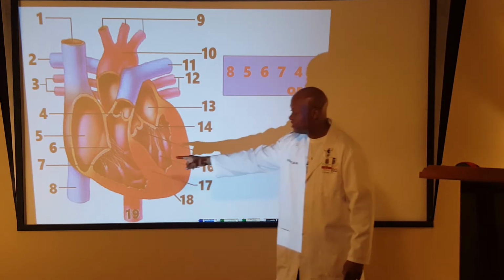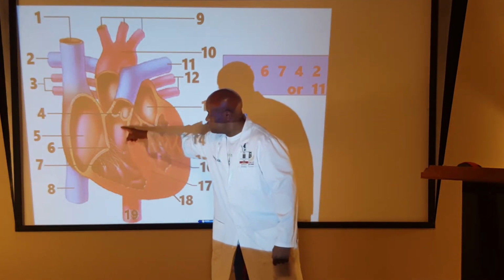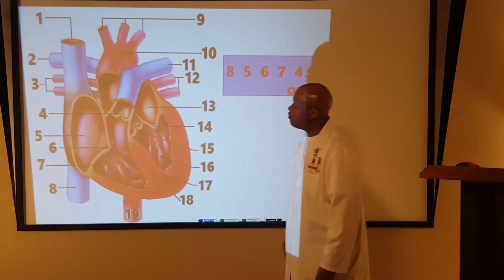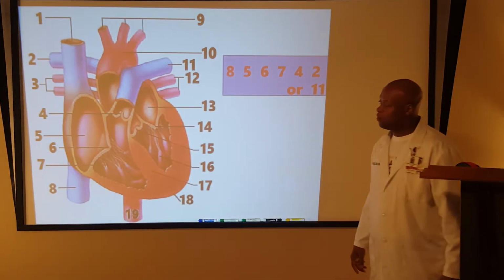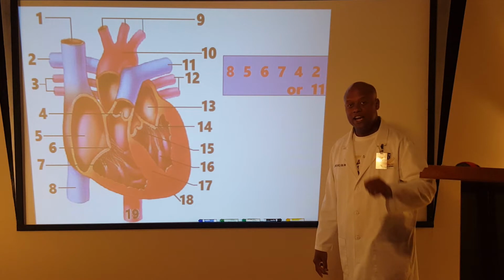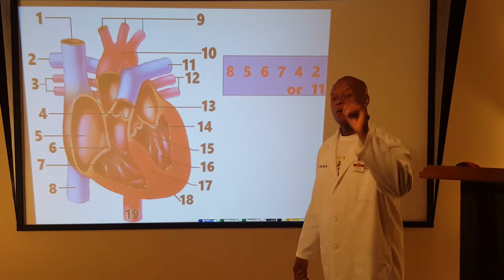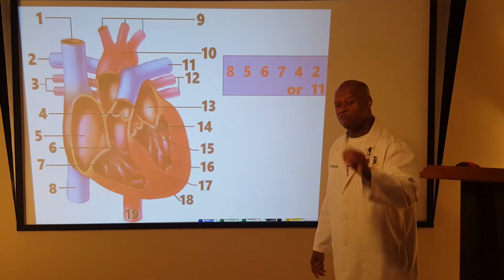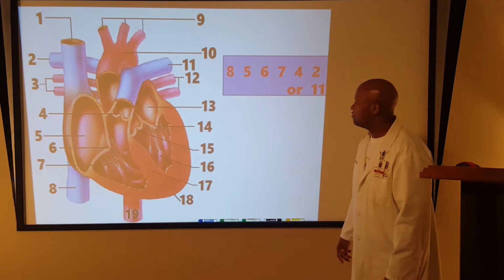Then after 7, you're going to travel up this tube here to 4. All right. And what is that? What is 4? And that is the pulmonic valve. Excellent. Pulmonic valve. All right.